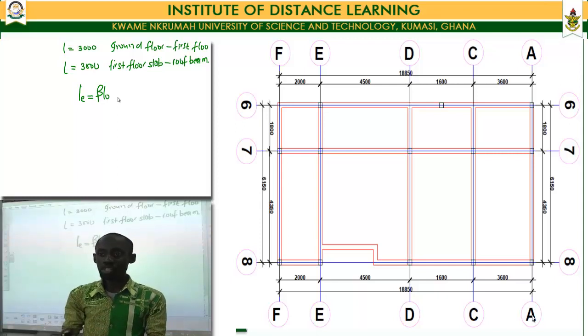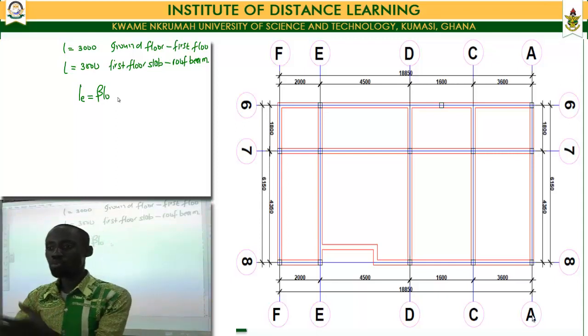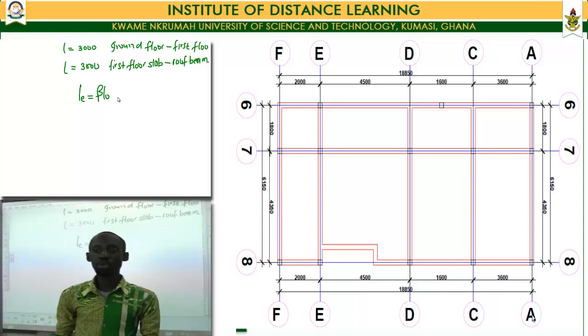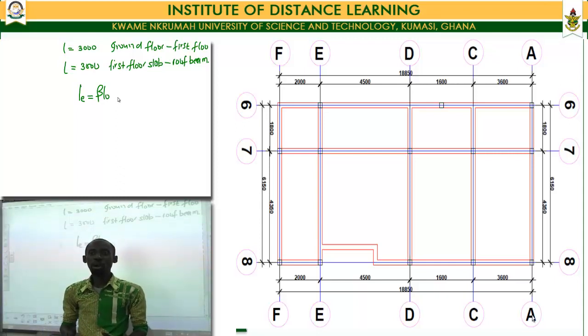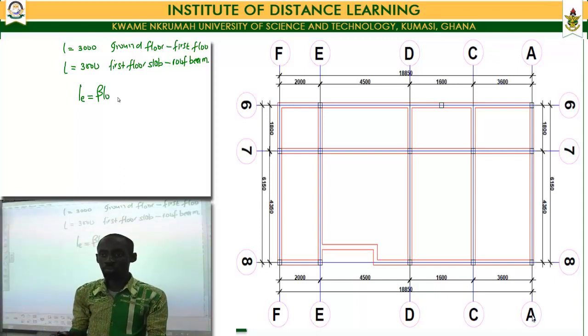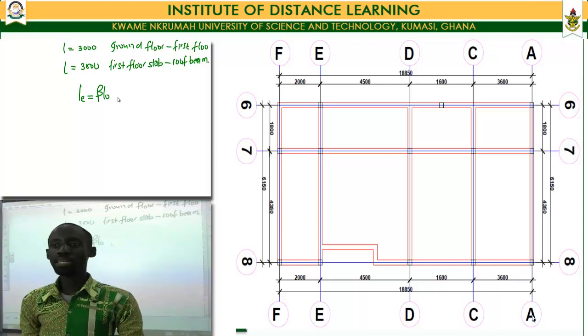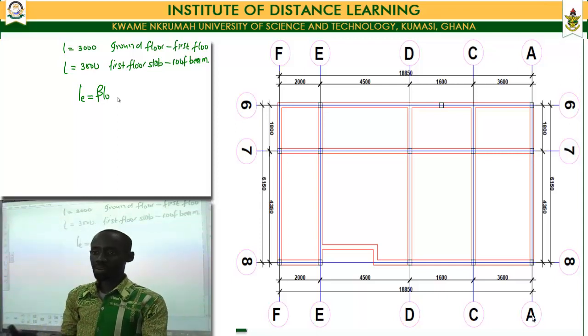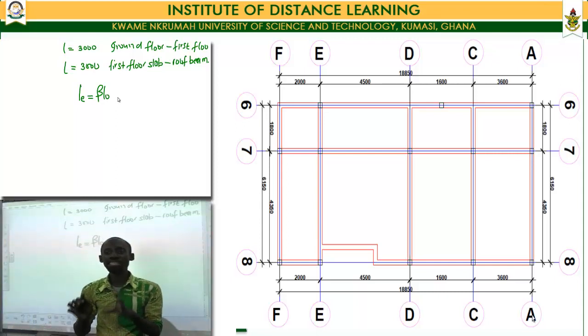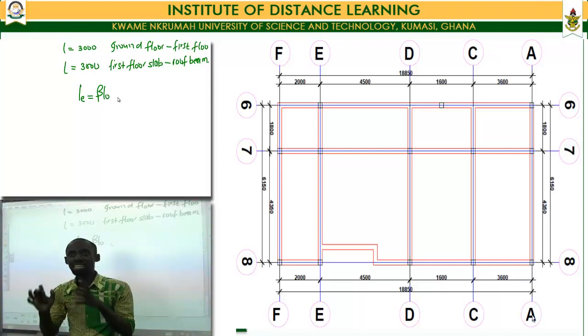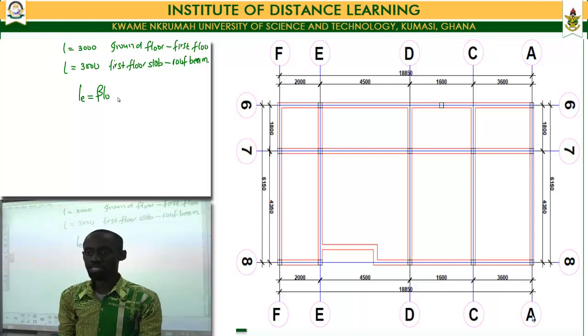So each column has a given amount of load it's supposed to carry. We now move ahead and determine how much load our column is supposed to carry. That is arrived at by determining the equivalent area of the slab, or the equivalent area of the building, that our column is supposed to resist.